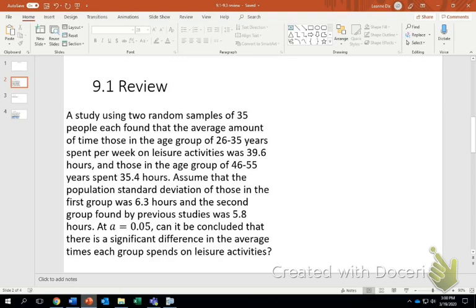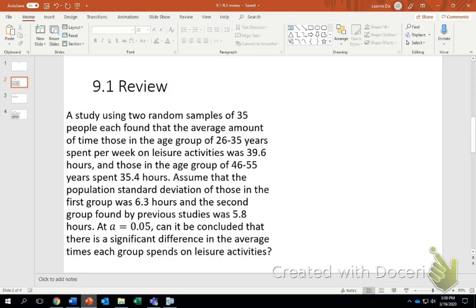Assume that the population standard deviation of those in the first group was 6.3 hours, and the second group, found by previous studies, was 5.8 hours. At alpha equals 0.05, can it be concluded that there is a significant difference in the average times each group spends on leisure activities?